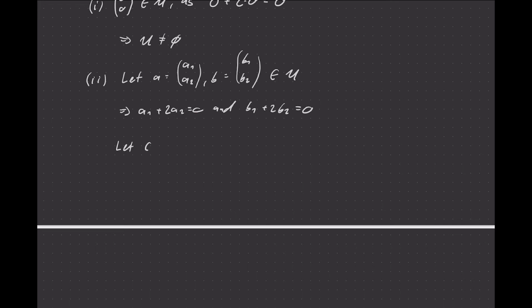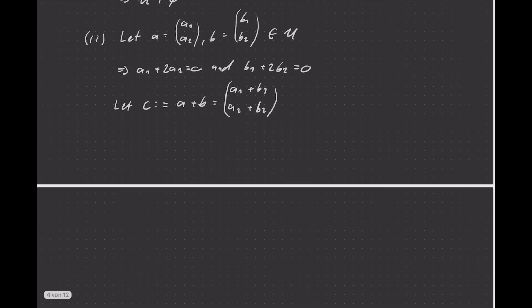Now let's have a look at the sum. We call that sum c. c is a plus b. We can compute that sum. That is, of course, a1 plus b1 and a2 plus b2. Now the question is: is c in U?